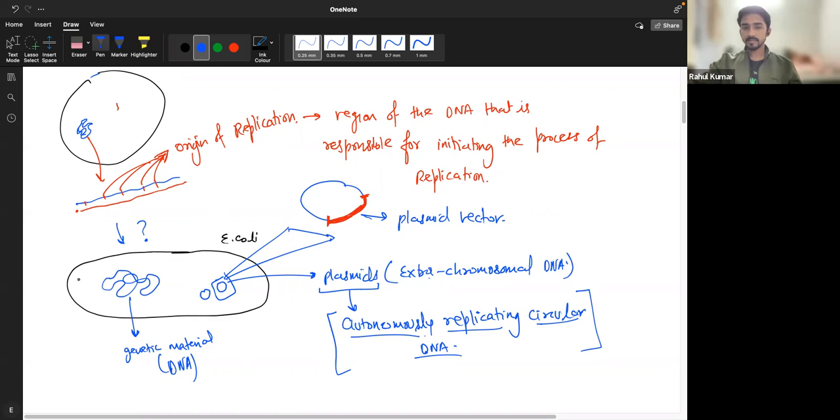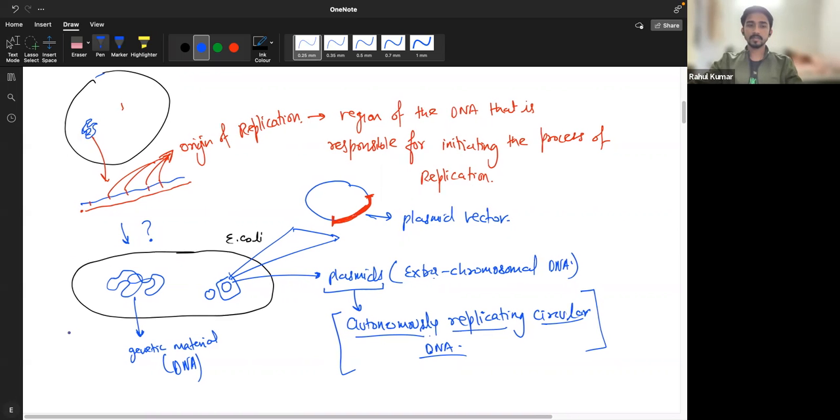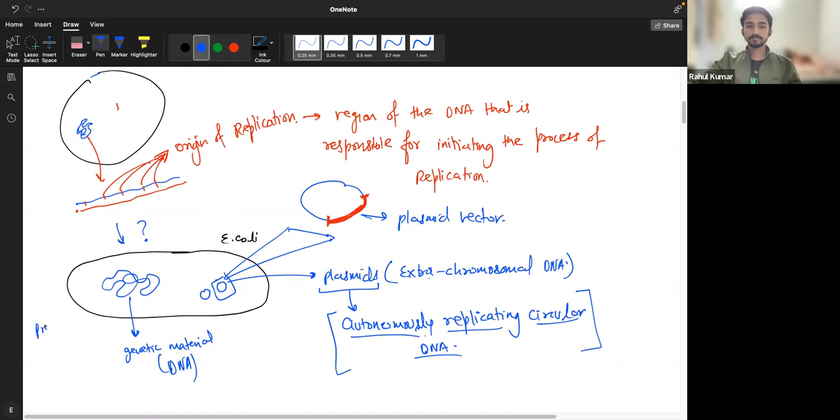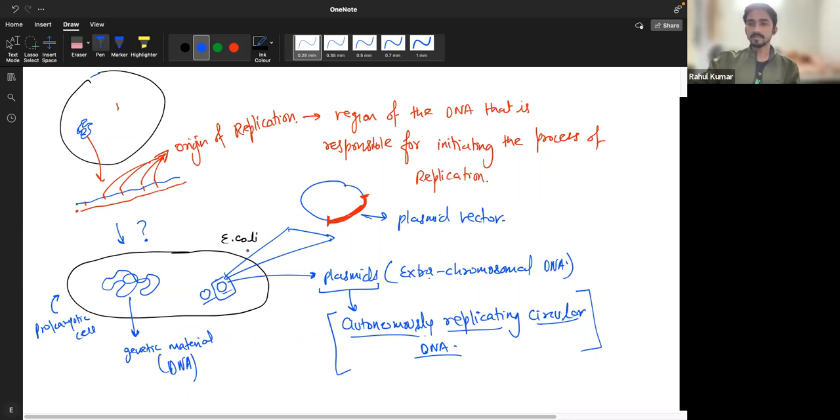And you have studied the prokaryotic cell. So here I have a prokaryotic cell. It has a genetic material, which is its nucleoid. And apart from that, it has small plasmids. It can have more than one plasmid, or one plasmid. Mostly it has a single plasmid, though sometimes it can be more than one.